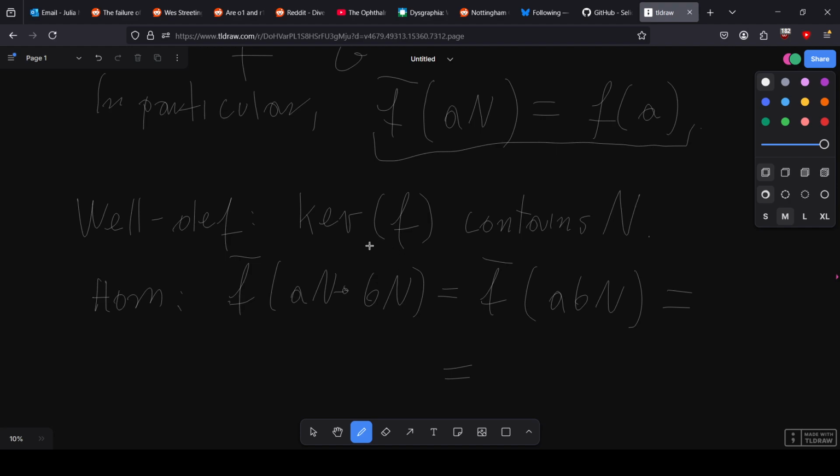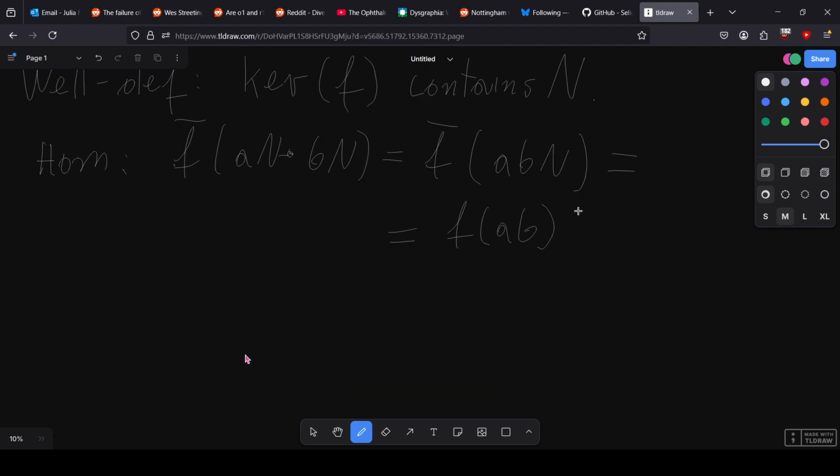We can essentially throw the symbols together, but that is exactly f of ab, which then can be broken up into two parts because f is a homomorphism. And because f is a homomorphism and f bar is defined through that, we get our desired result back.